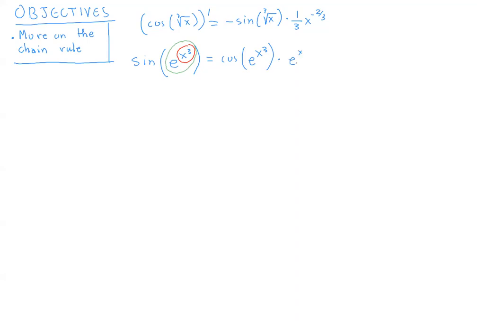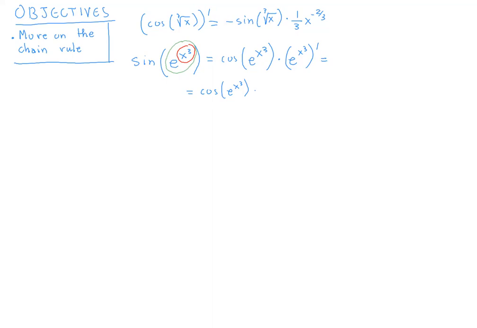So I'm going to write the derivative of e to the x cubed, and I'm going to finish it in the next step, because now what I have is the derivative of a single composition. So in some sense, I'm still carrying with me cosine of e to the x cubed, but I'm focusing on the derivative of e to the x cubed as if this was the only problem that we had to deal with right here.